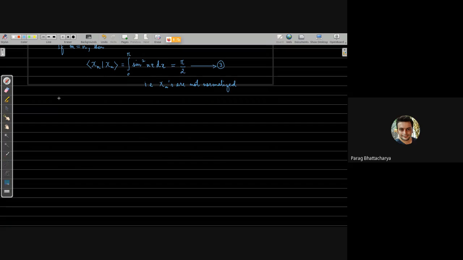So therefore the corresponding orthonormal basis, how do you get it?